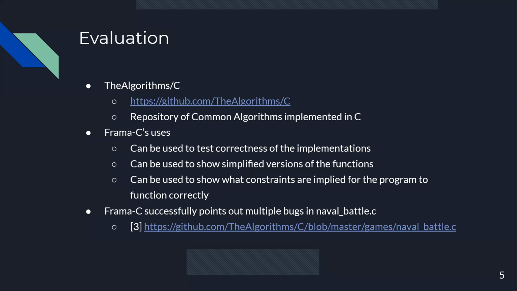It can be used to show simplified versions of the functions as Reed had shown in the previous examples, along with showing what constraints are implied for the program to work correctly, also shown in the previous examples. The example we used from the open source project is a file called Naval Battle, which is a game that acts similarly to Battleship, which I will demo in a little bit.